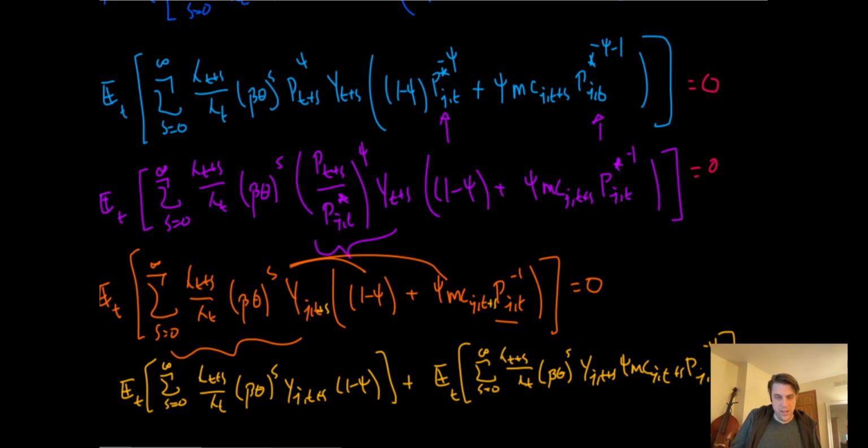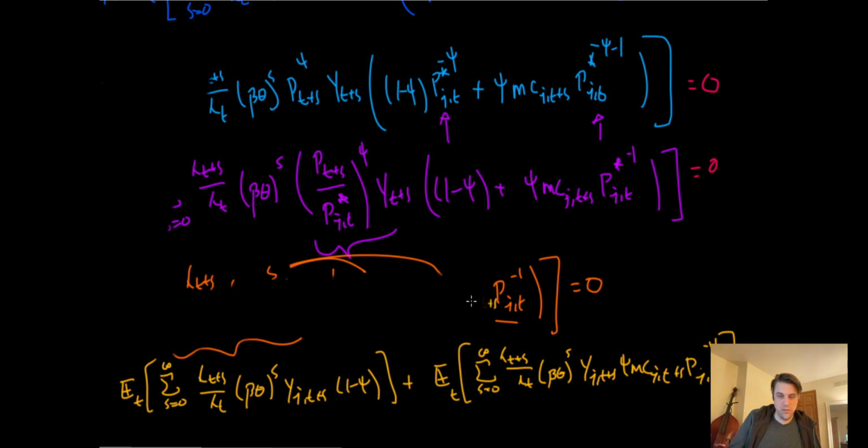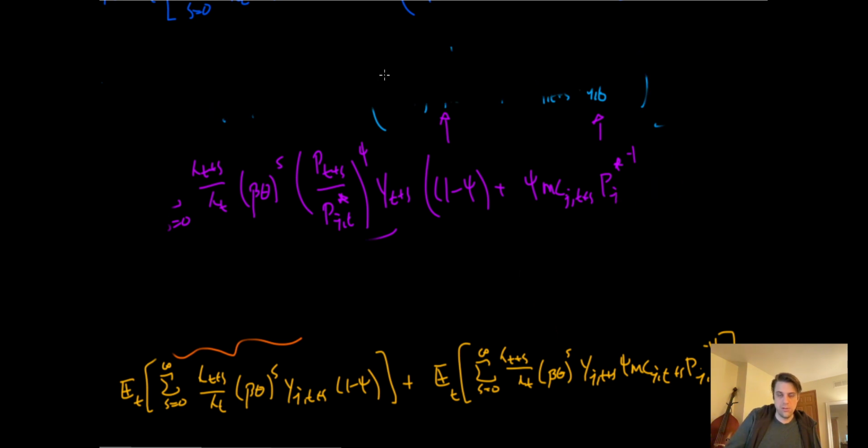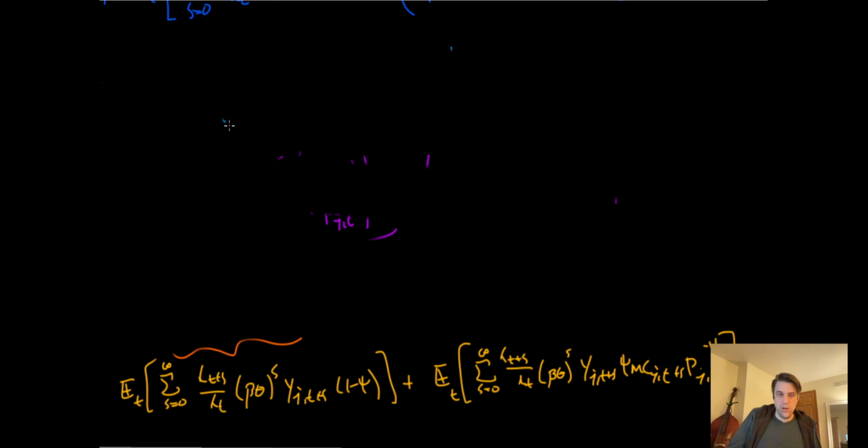I know my head's in the way of that. I apologize. I need to make space, which means I have to erase. I'm sorry. Let me fix this. Okay. Select.